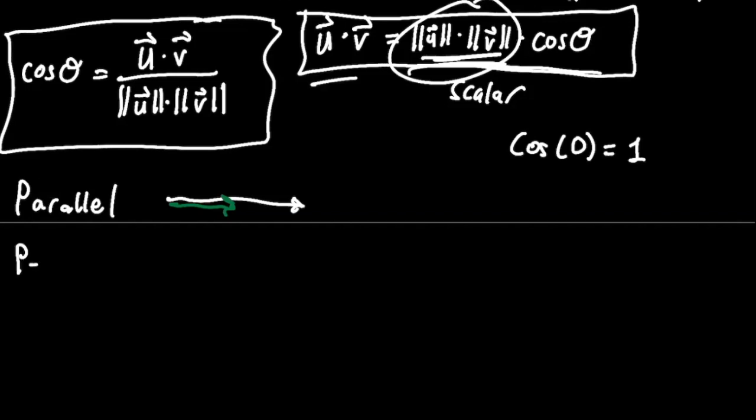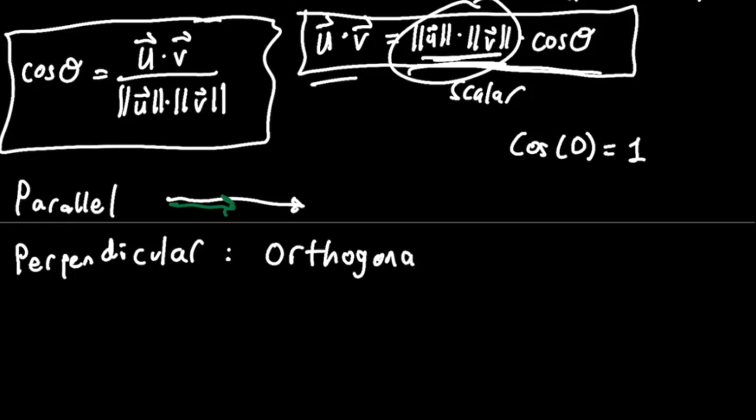I also want to consider perpendicular vectors, and we actually have a special word for perpendicular vectors, and that word is orthogonal. So vectors are orthogonal if the angle between them, theta, is 90 degrees. So it's just a specific way to say perpendicular in terms of vectors.